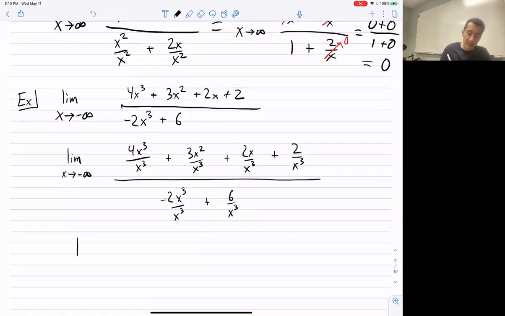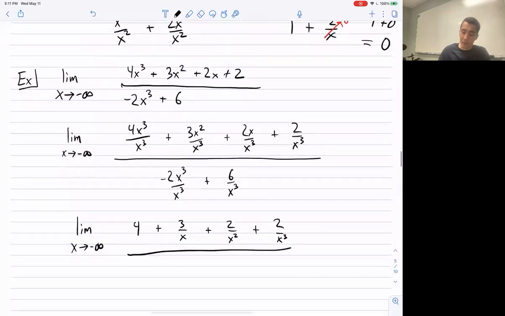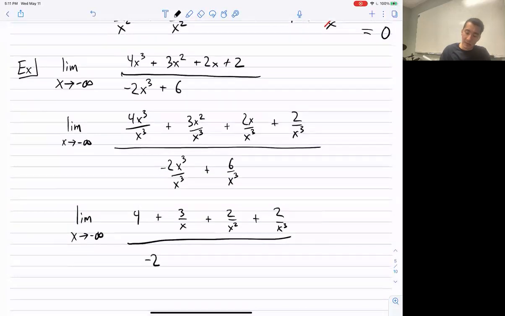Now, if we simplify that, that's the limit as x approaches negative infinity of 4 plus 3 over x plus 2 over x squared plus 2 over x cubed, over negative 2 plus 6 over x cubed.